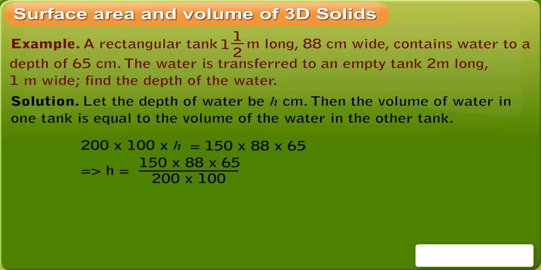From here, we can calculate the value of H. H is equal to 150 into 88 into 65 divided by 200 into 100 is equal to 42.9 centimeter. Therefore, the depth of water is 42.9 centimeter.